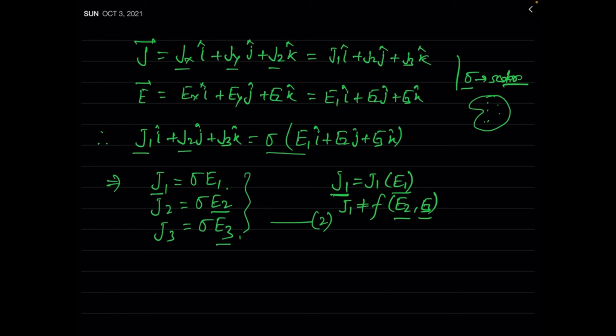So if the solid is isotropic, in that condition J1 is a function of only E1, J2 is a function of only E2, and J3 is a function of only E3. And in this condition, sigma is a scalar quantity.